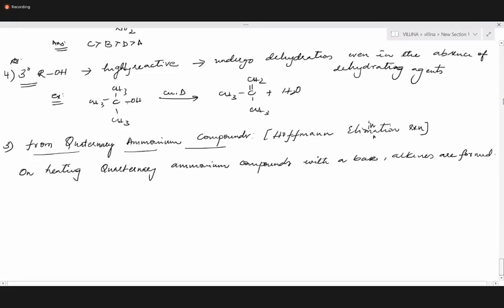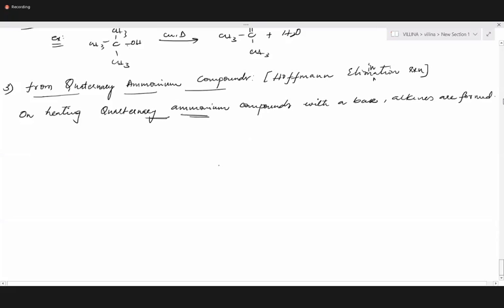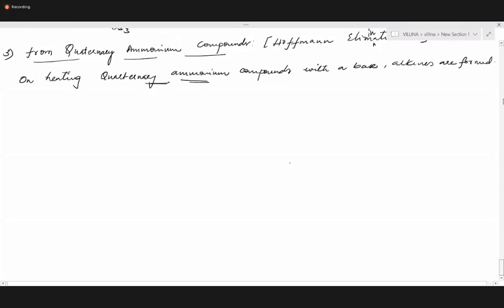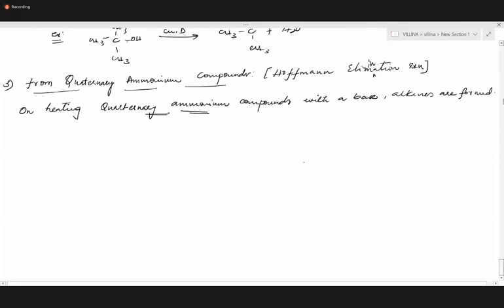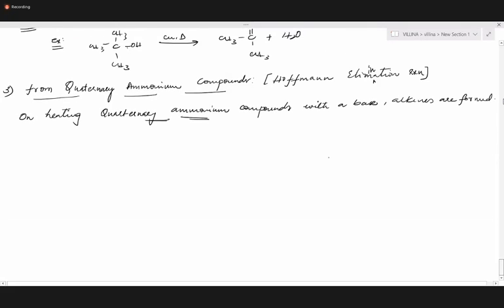The statement is simple, like one line statement only, but while writing the products, we have to take care of this ammonium part. Why exactly ammonium? What does quaternary ammonium mean? I will show you an example. It's just like a quaternary carbon attached to four other alkyl groups.